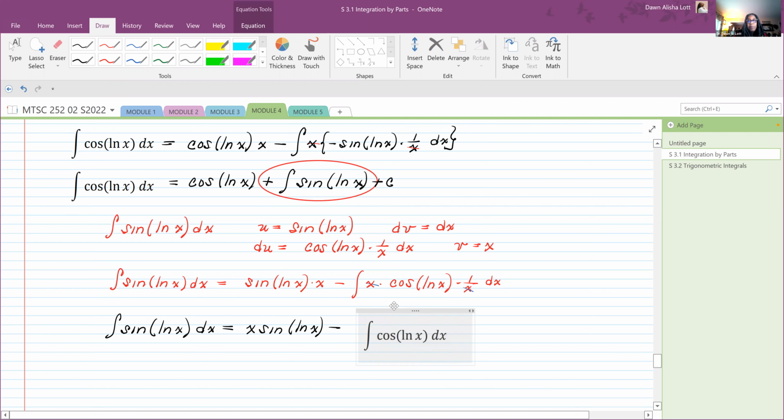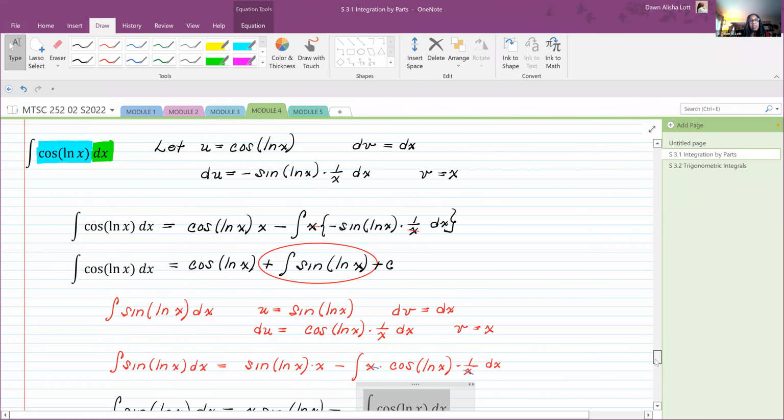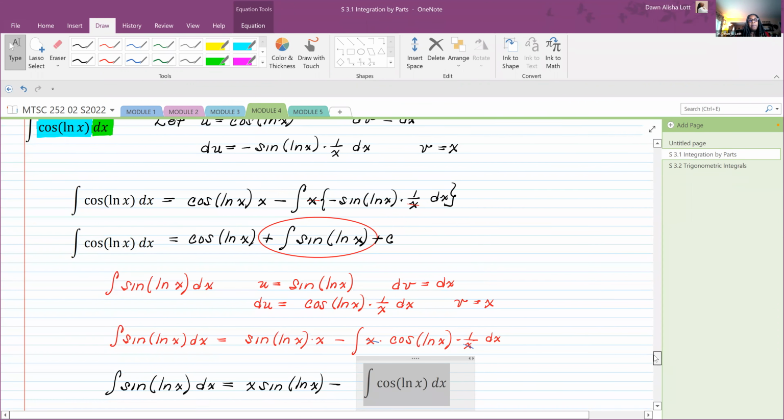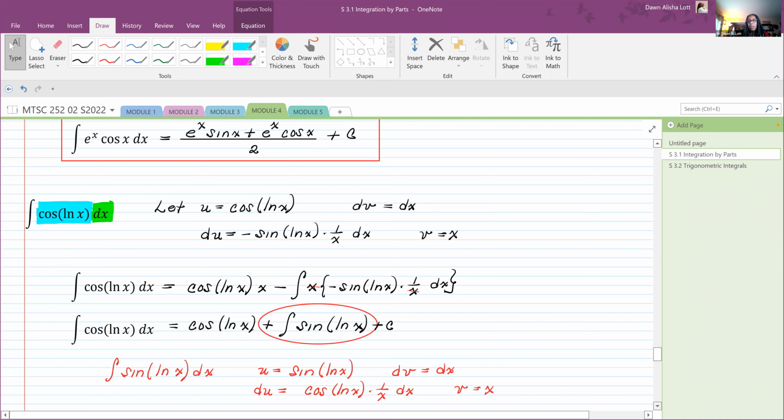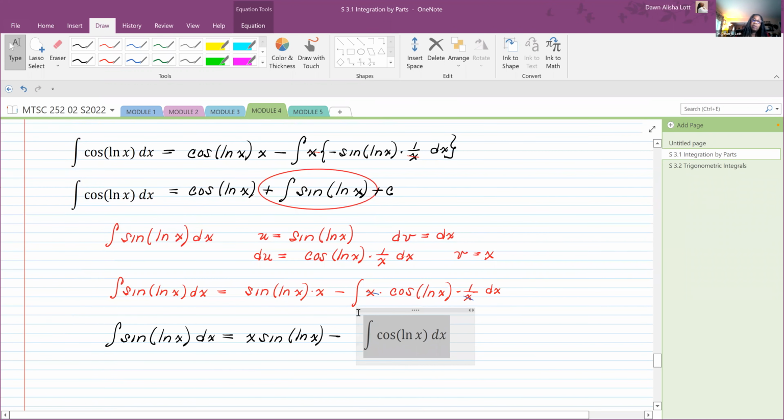There's the integral I've been looking for. So the cat chased its tail from cosine log x dx to sine log x dx, and then it kept chasing sine log x, and it got back to cosine log of x. So the cat has made a full circle with its tail.